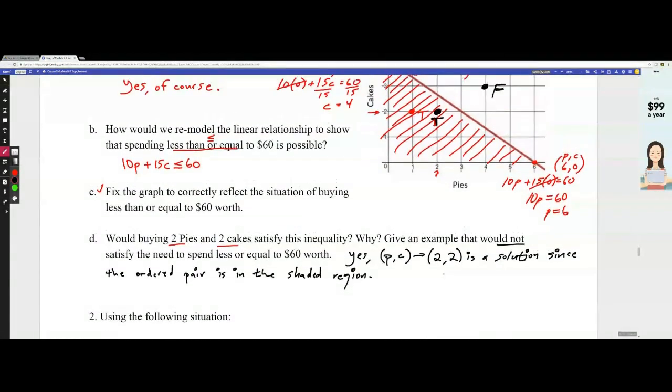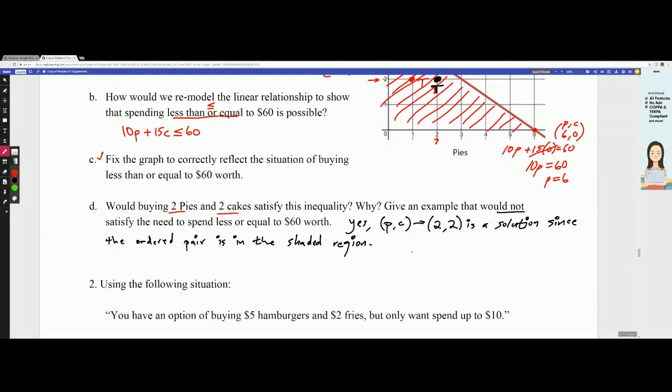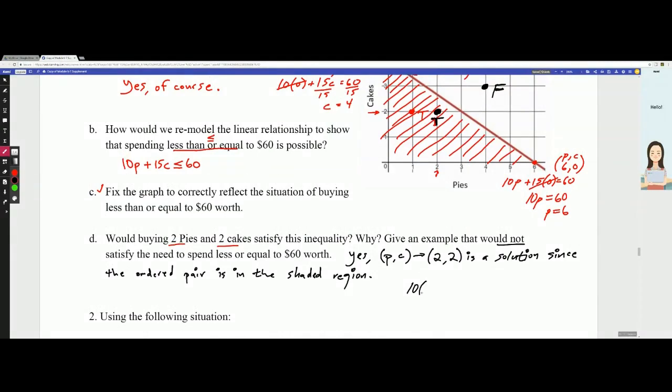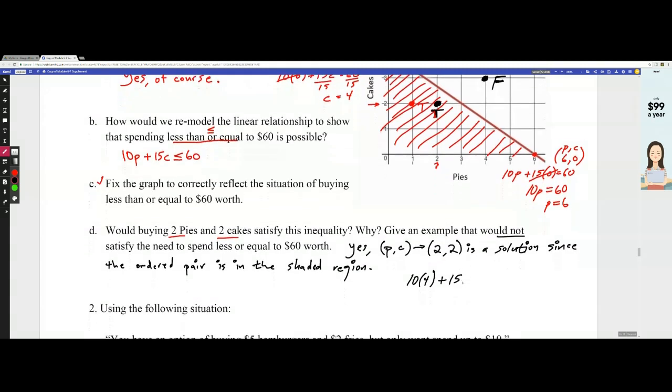I have 10 times p, and in this case I did 4 pies, plus 15 per cake, and for cakes I got 3. I'm actually testing this one algebraically just so you guys can see the statement. Is it less than or equal to 60?